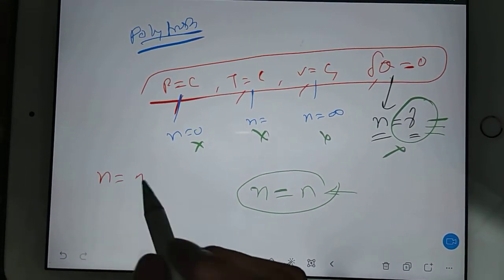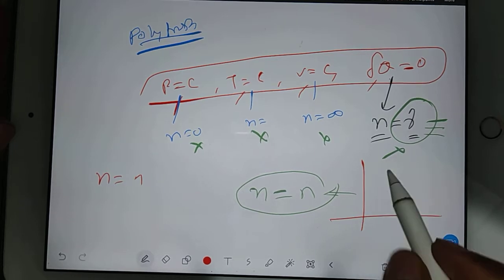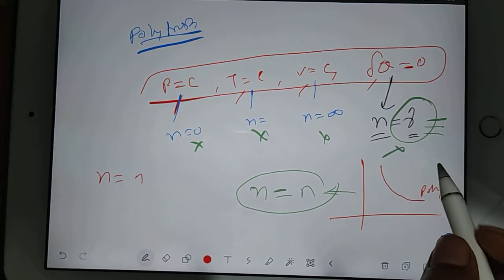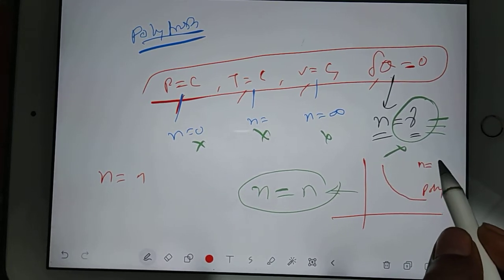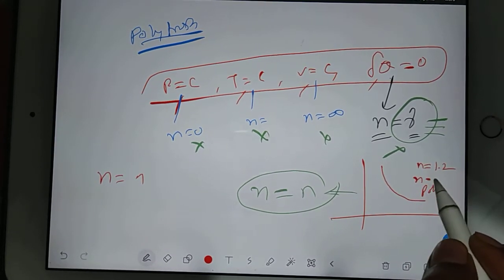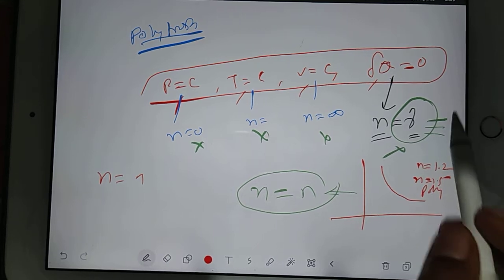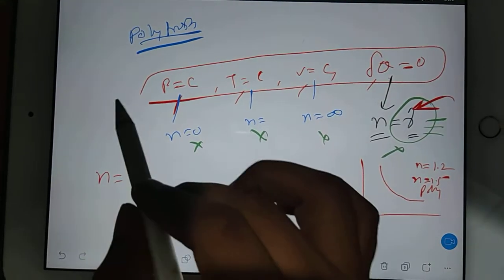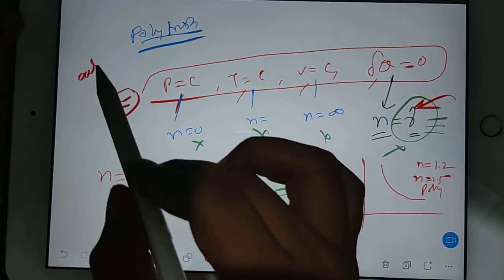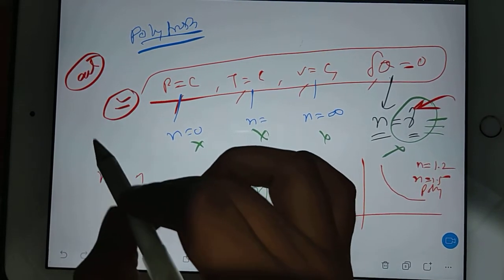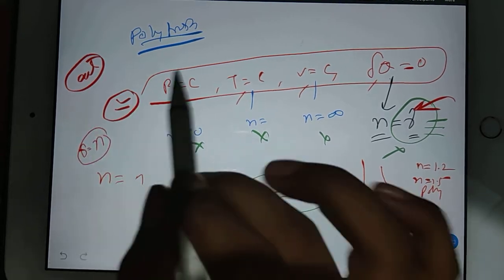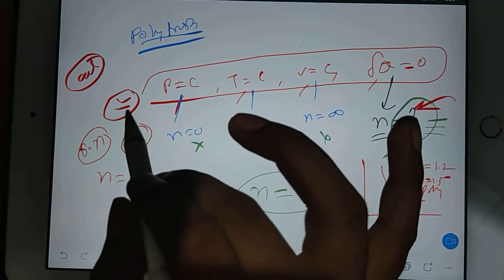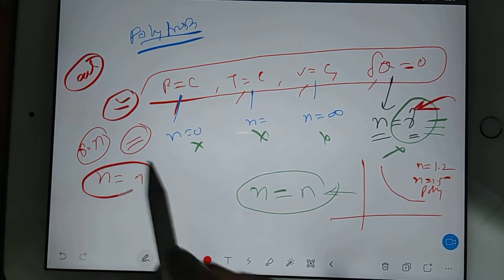If I draw any other process and say it is a polytropic process, it means n is equal to something else. For example, n is equal to 1.2 or 1.5, anything which is not matching with gamma. In that case all the formulas are the same as adiabatic, only one thing will change: gamma will be replaced by n. It means the adiabatic index will be used as the polytropic index.